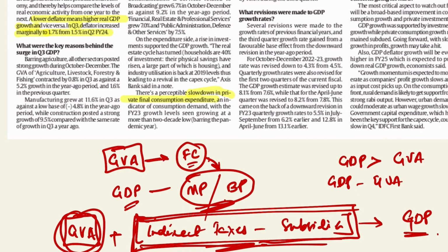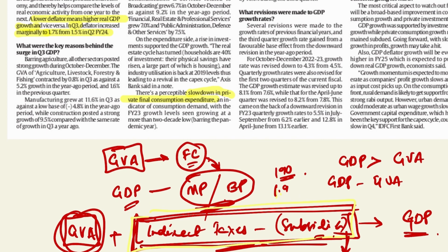This bracket here is 1.9%, that is 190 basis points. Now if we see, recently subsidies have been cut, the fertilizer subsidies have been cut down. All this is given in the article.